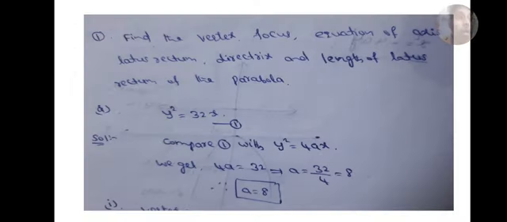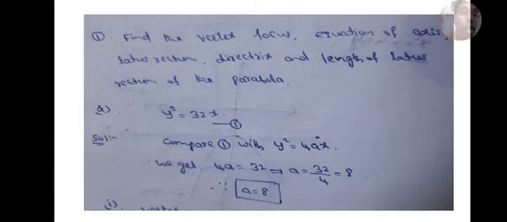First problem: find the vertex, focus, equation of the axis, latus rectum, directrix, and length of the latus rectum of the parabola. That means we have to find all of them. First one, y square equal to 32x.